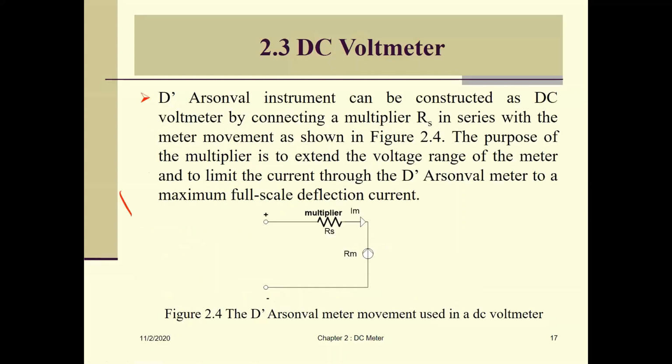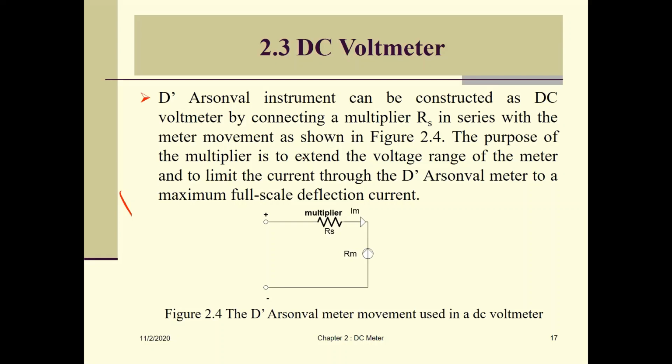Alright, next we go for the DC voltmeter. For the DC voltmeter, we want to measure the voltage. To measure the voltage, we can use the basic instrument as the DC voltmeter by connecting the multiplier RS in series with the meter movement, as shown in figure 2.4 here.